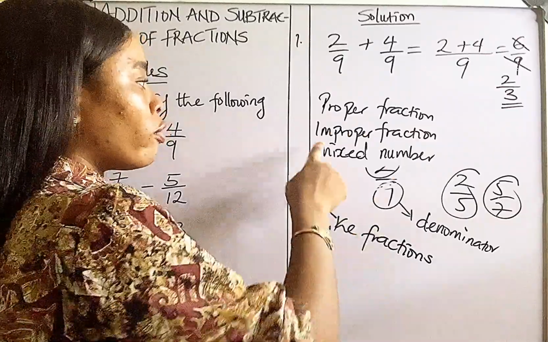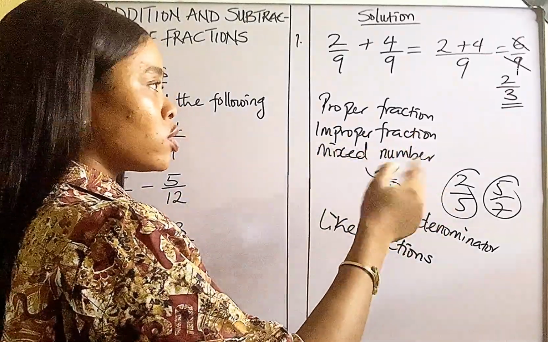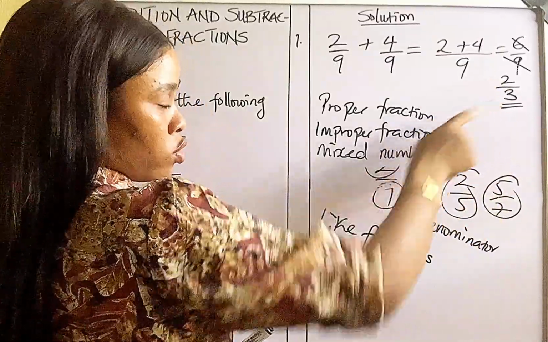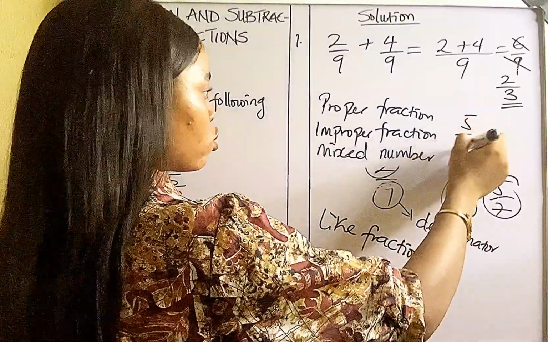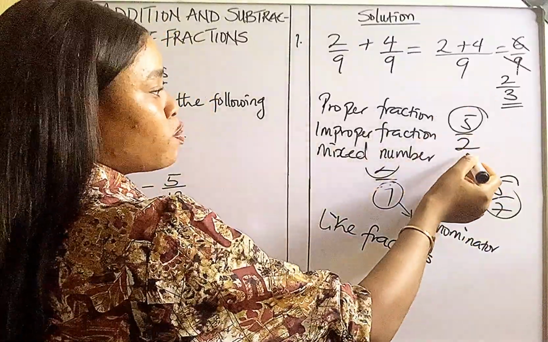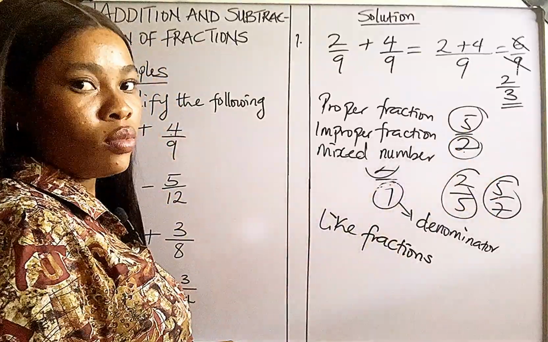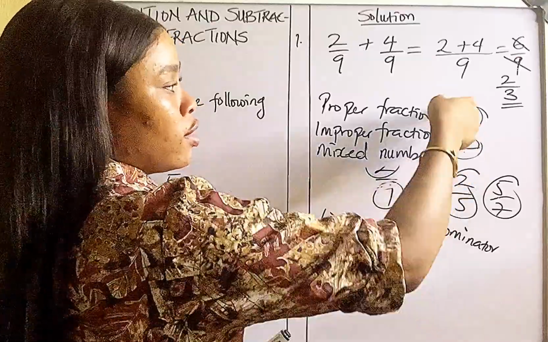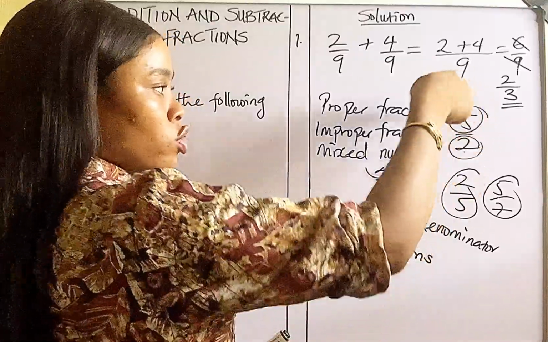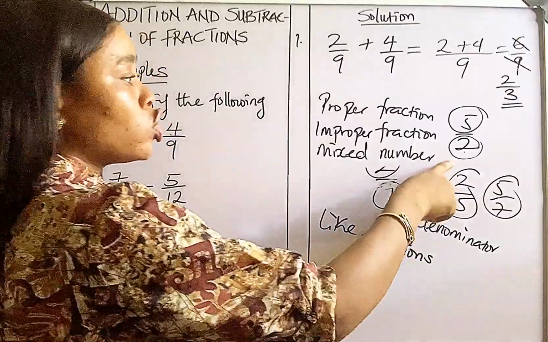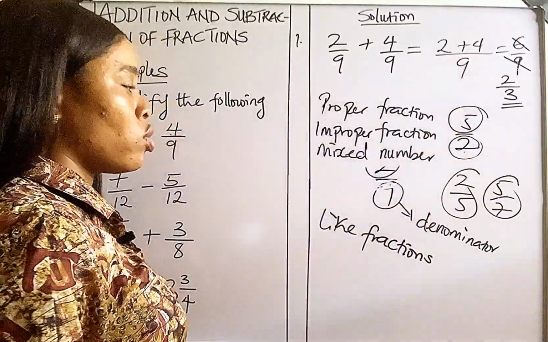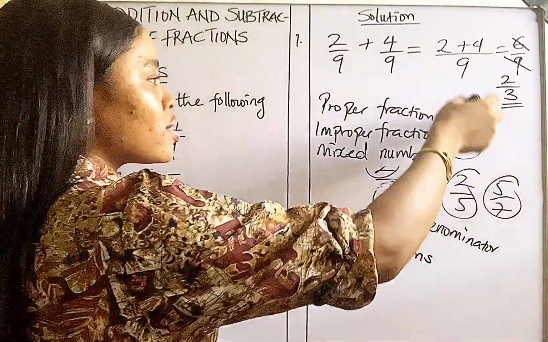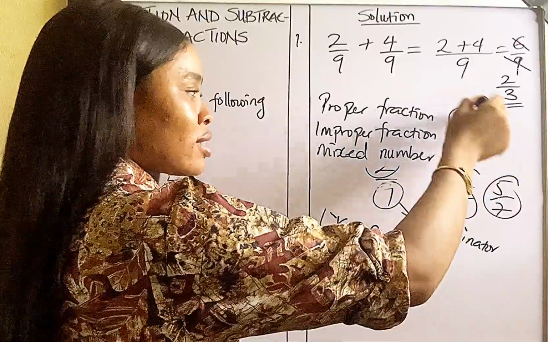That's for proper fraction. Now an improper fraction is a fraction whereby the numerator is bigger than the denominator. Example, we have 5 over 2. You can see that the numerator is bigger than the denominator. So this is an improper fraction, and it is improper for you to leave your answer in this form.